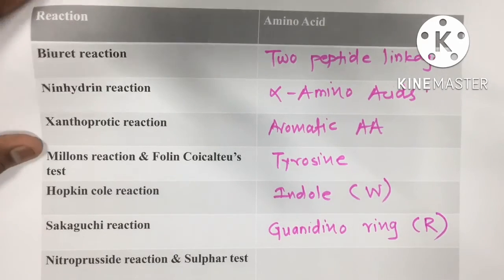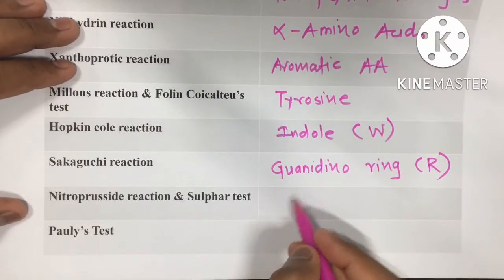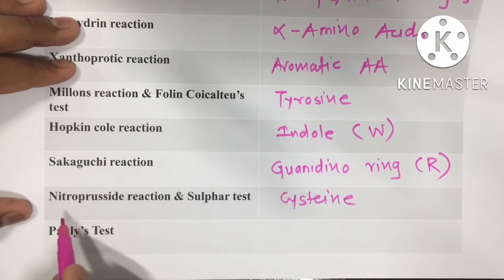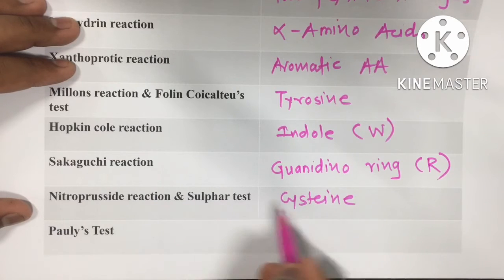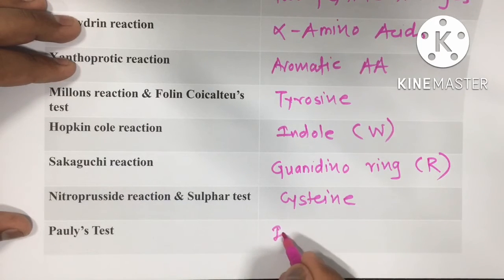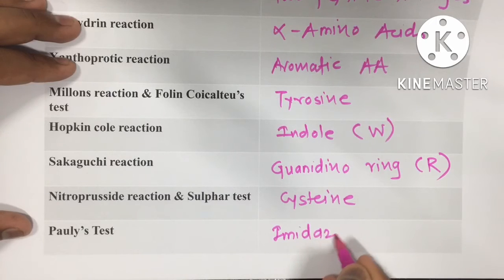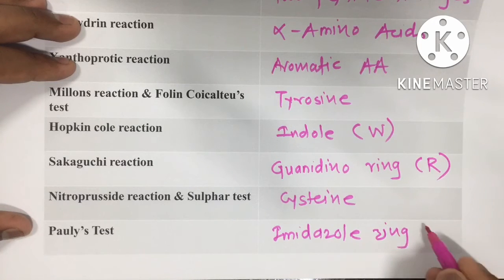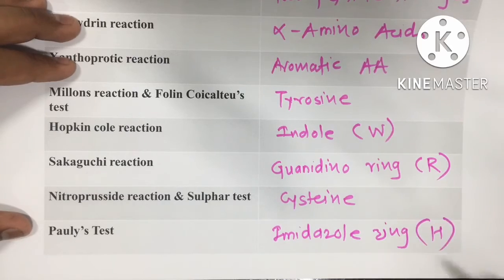Nitroprusside reaction is mainly for cysteine, because this amino acid contains sulfur. And Pauly's test is mainly for the imidazole ring, and the amino acid having the imidazole ring is histidine.